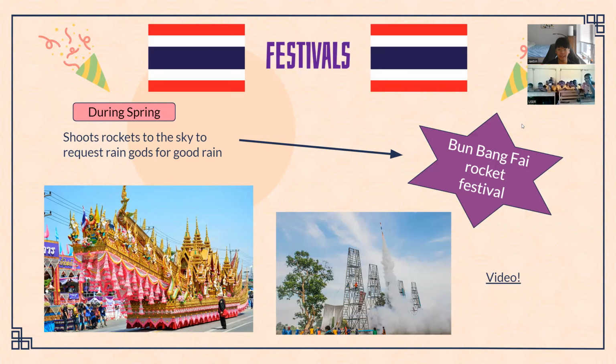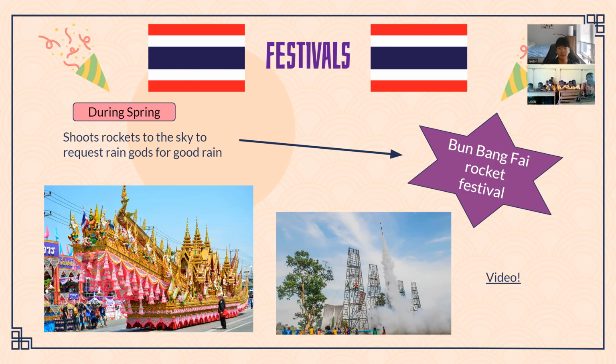Another festival in Thailand is called the Bun Bang Phai Rocket Festival. Basically, this festival takes place during spring and they shoot rockets to the sky. By shooting a rocket to the sky, they're requesting the rain gods for good rain.